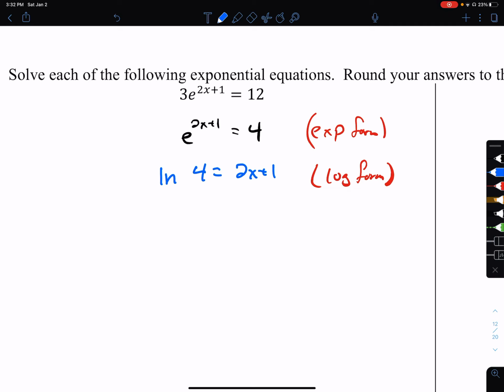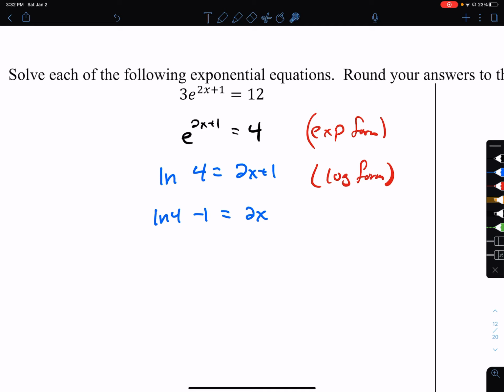Now, I don't know what natural log of 4 is, and I don't believe that you would know either, because it's e to some exponent is 4. e is an irrational number, no idea what the exponent is. But that doesn't stop us from getting x by itself. I'm going to subtract 1 from both sides. Then I'm going to divide each term by 2.